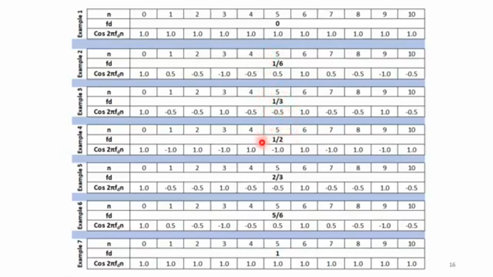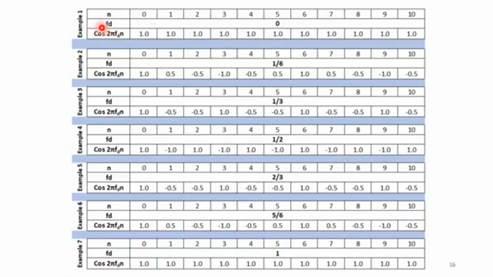Then it is further increased to half, 0.5. Then in example 5, it is further increased to 2 over 3. Then it is further increased to 5 over 6. And lastly, it is further increased to 1. Of course, we can go on, but I think this is sufficient for us to make the important observations.